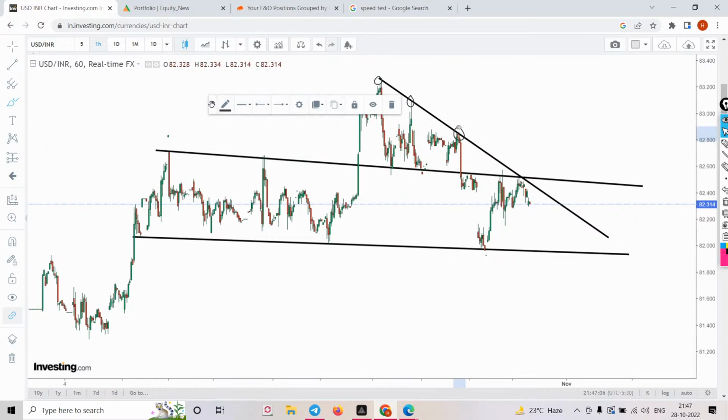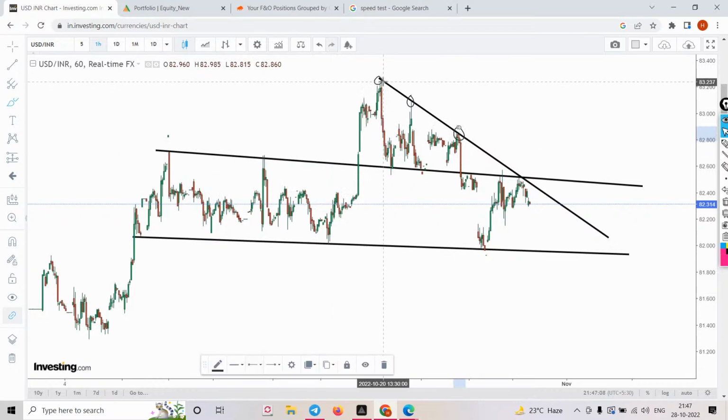This is price action. Price went up, made a high, came down, went up, and could not make this high. So this made a lower high, went down, went up in a retracement, and could not break this high. It made a lower high, right? It came down, went up, and could not break the previous high. This made a lower high, and even this is making a lower high.